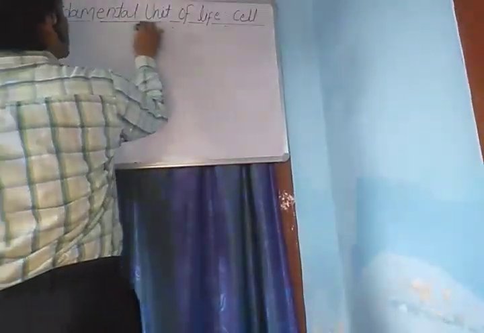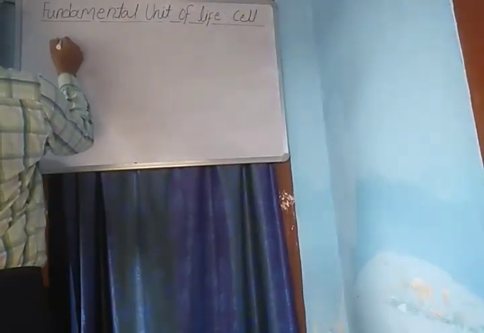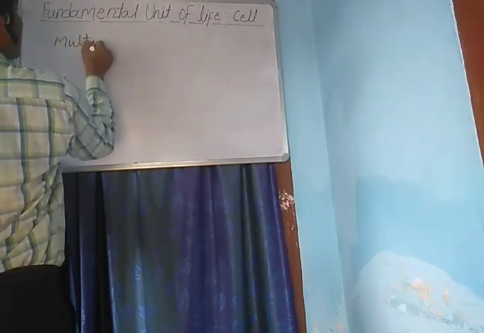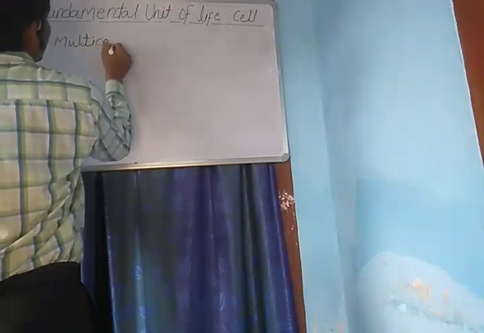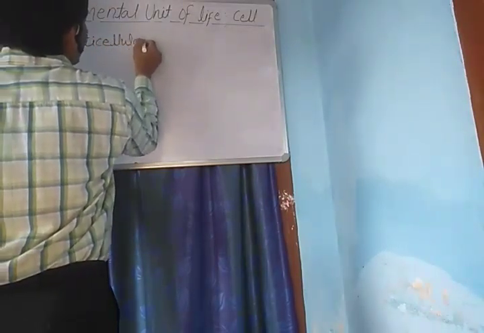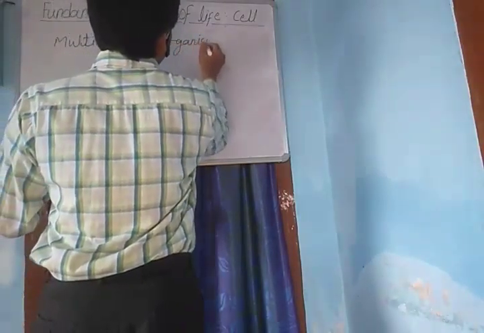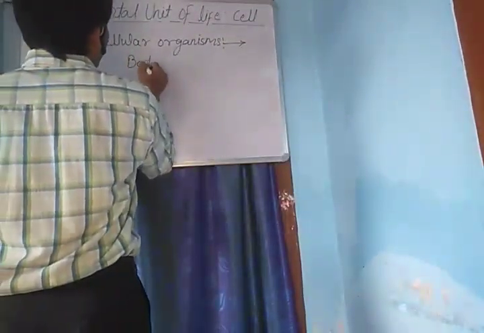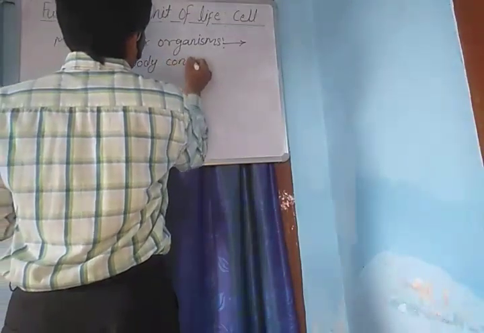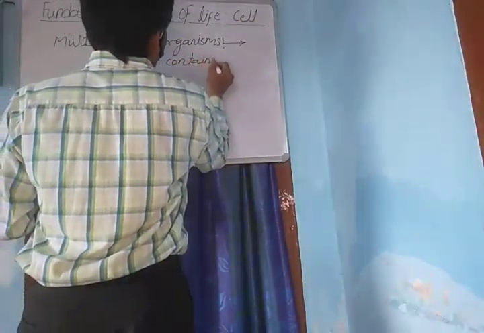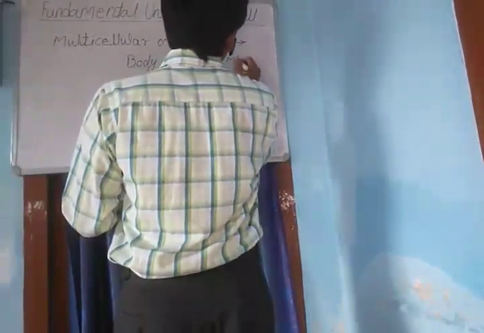Multicellular organism. The body of the organism is made by more than one cell. The body contains more than one cell.